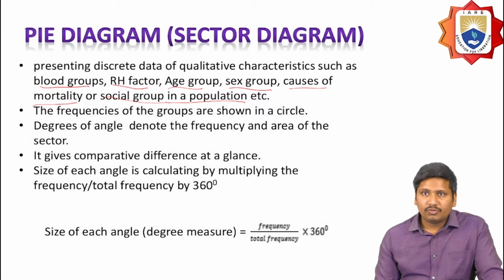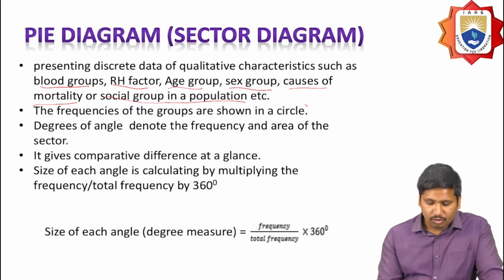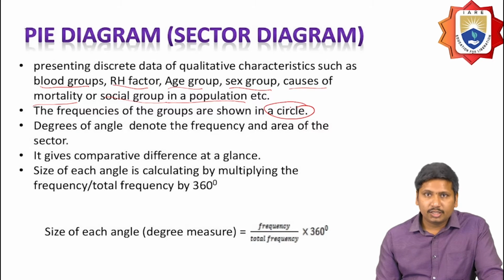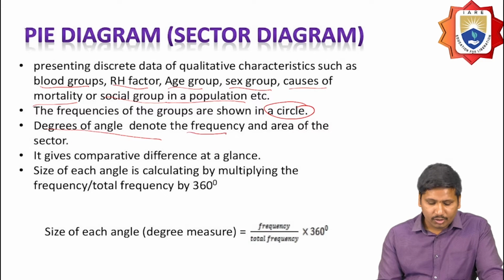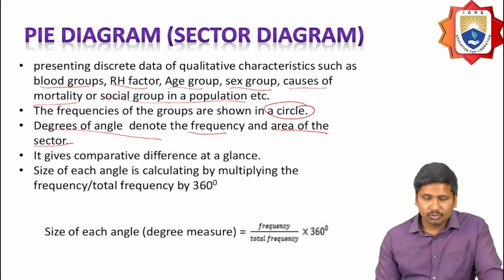The frequencies of these groups are shown in the form of a circle, and the degrees of angle denote the frequency and the area of the sector. While drawing this pie diagram, we maintain the angles.